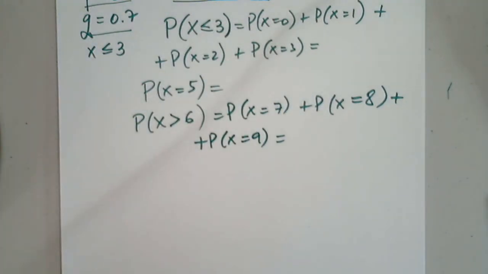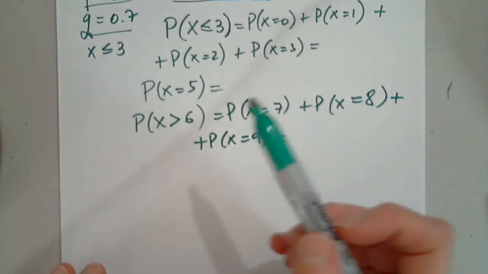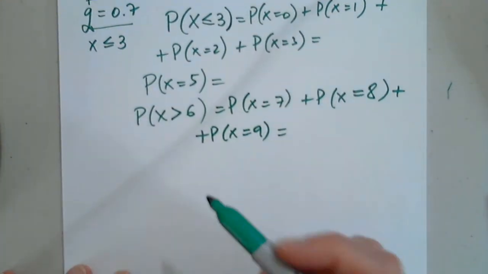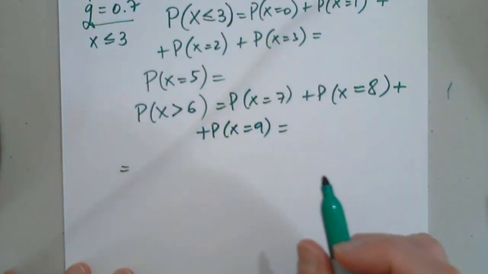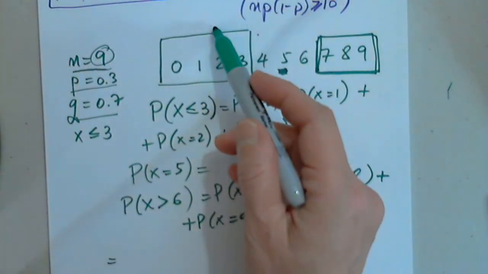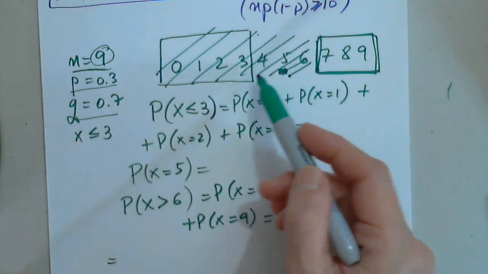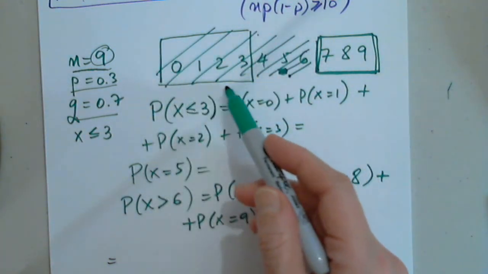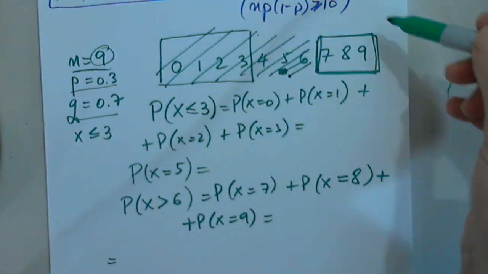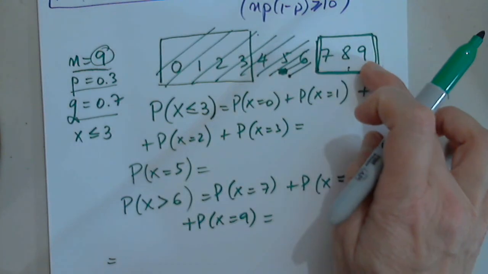There are many options, but I'm going to show you with the calculator as well. There is something in the calculator that helps us calculate this. If I calculate this and subtract from 1, then I get this probability of 7 plus 8 plus 9.